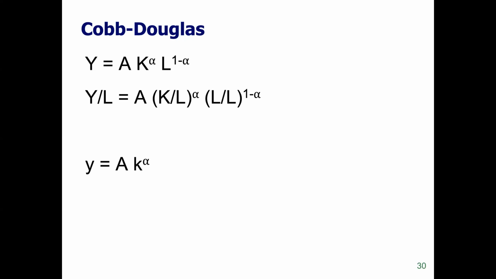It's really easy to set up a time and meet for a video chat. Just shoot me an email suggesting a time. All right. So anyway, output per worker with Cobb-Douglas is going to be equal to the technology parameter A times capital per worker to the alpha power.